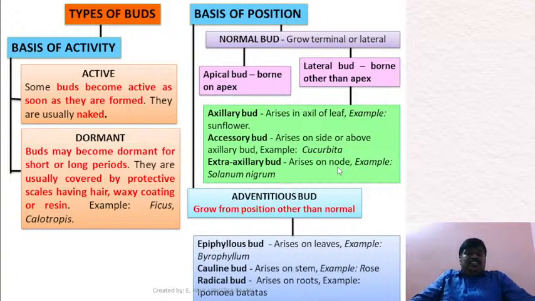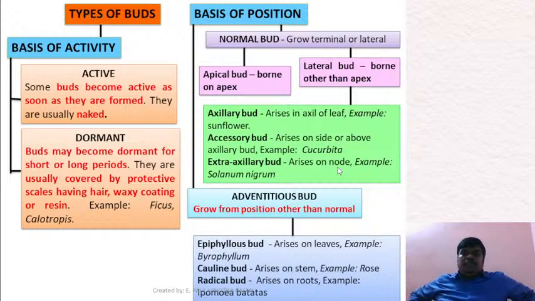Some buds grow immediately once they are formed. Once the bud is formed, immediately it becomes active, and they are usually called naked. Such types of buds are called active buds.